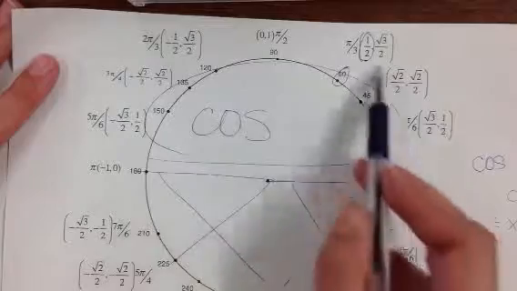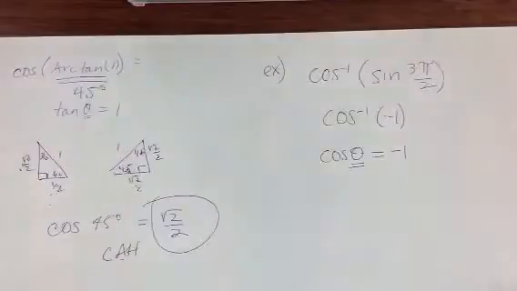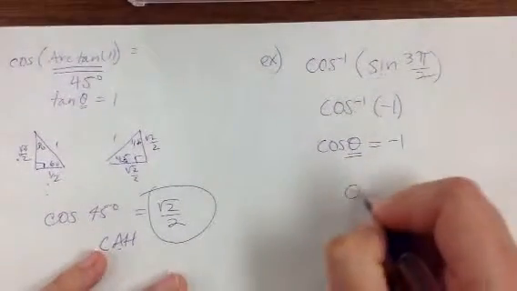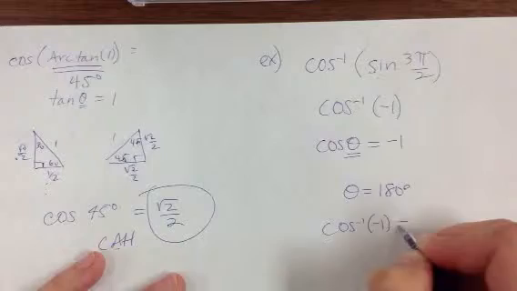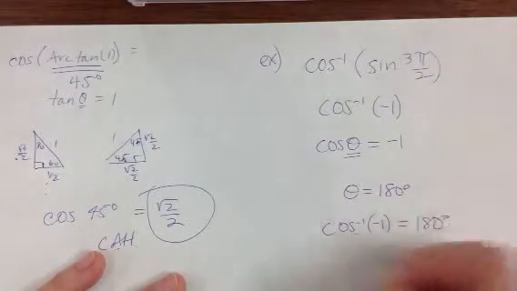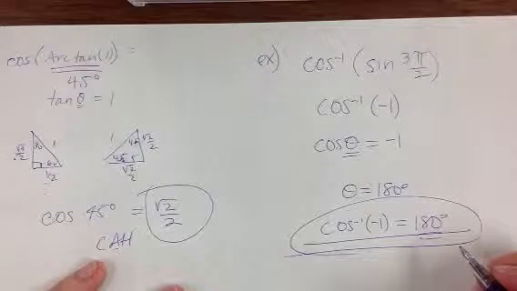Where is it -1? That's right, it's right here at 180 degrees. So the theta here is 180 degrees, or the cosine inverse of -1 equals 180 degrees. Not easy problems, but they're definitely doable.